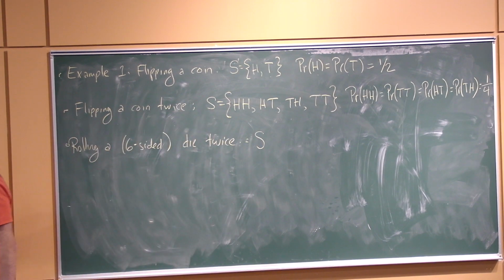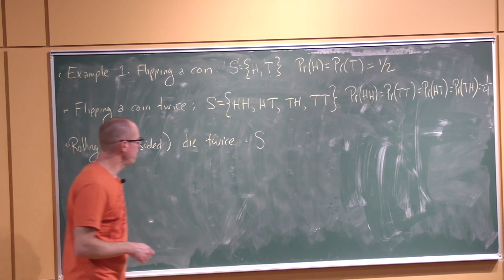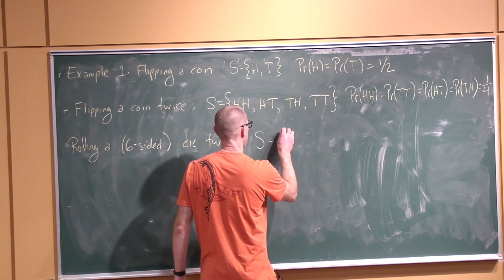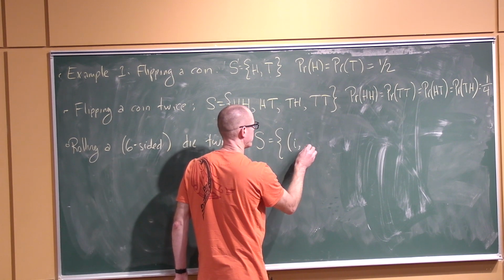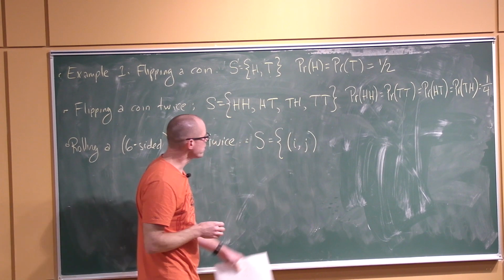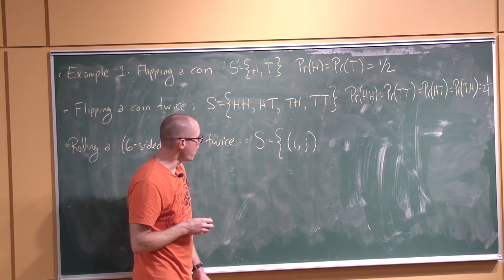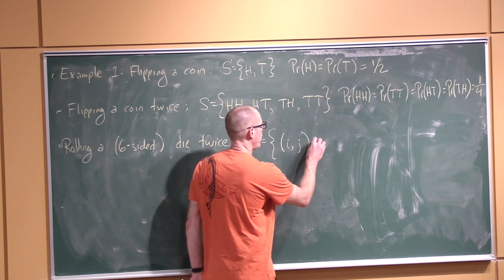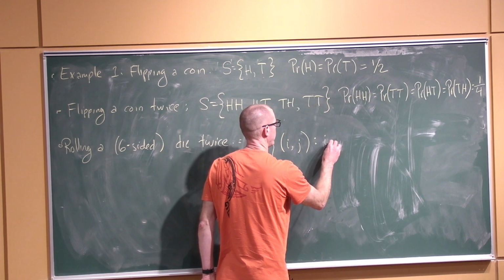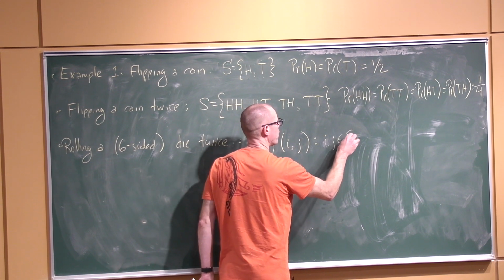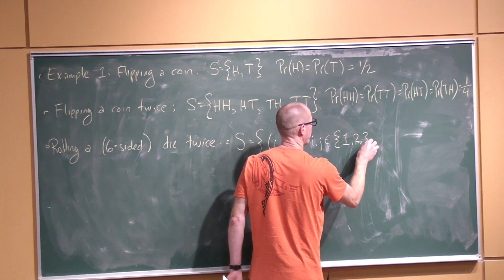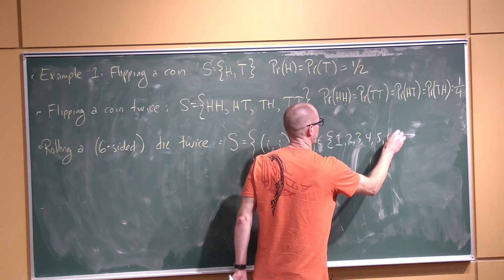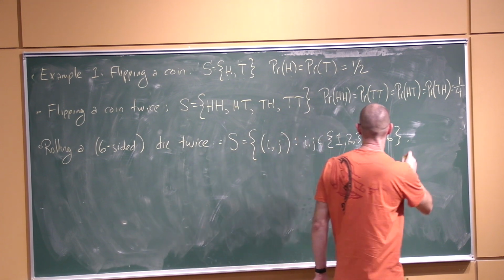I roll it the first time, and I roll it the second time. So that means the set S is a pair of things, an ordered pair (i, j), and i and j can be any integer from 1 to 6.